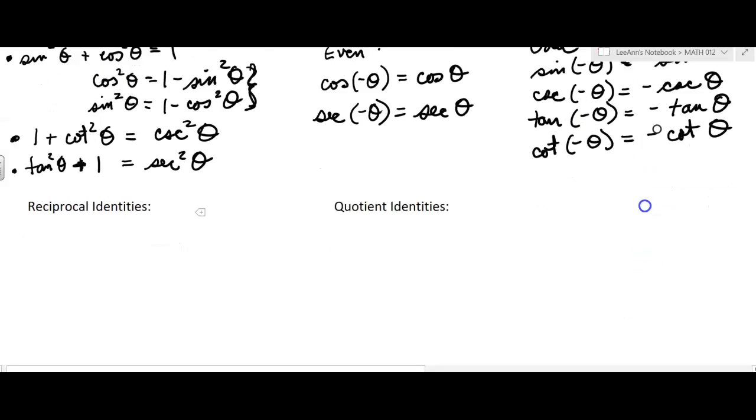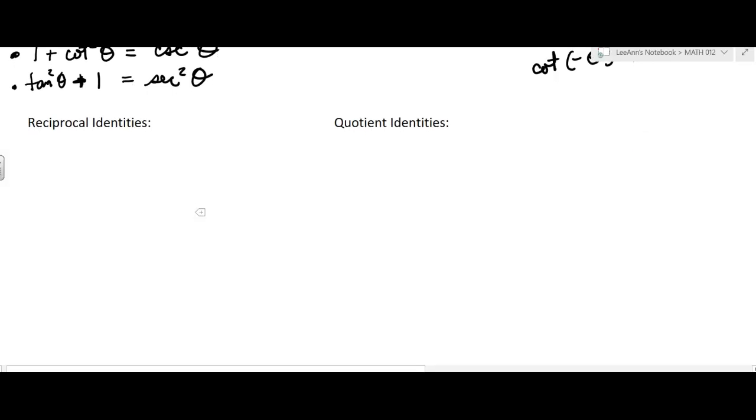All right, the reciprocal identities. I'll just start with sine. So sine theta is equal to 1 over cosecant theta. And likewise, cosecant theta is equal to 1 over sine theta.